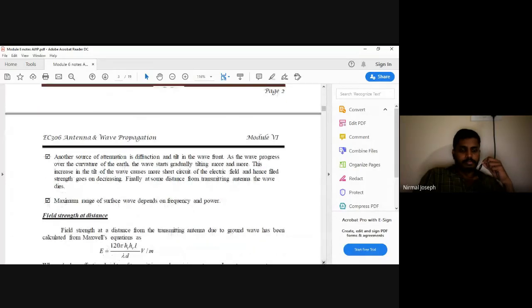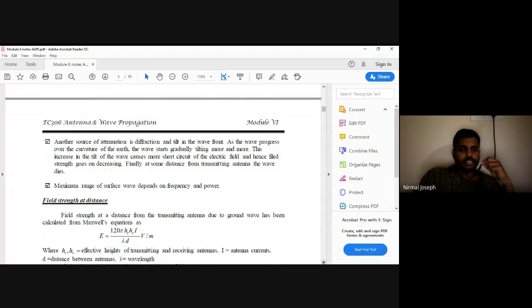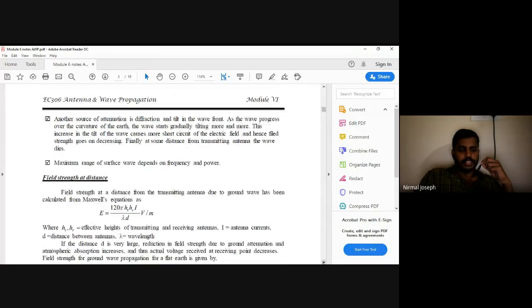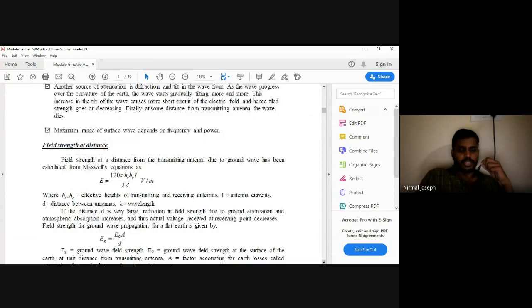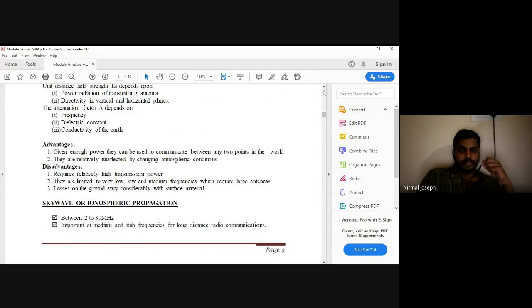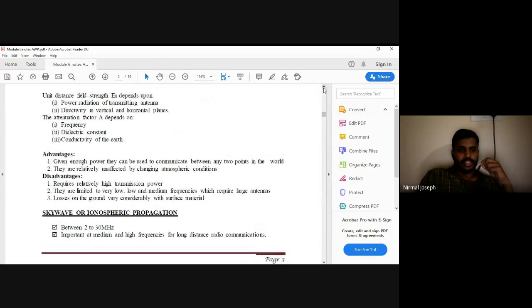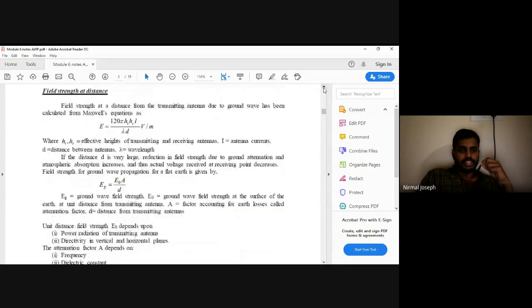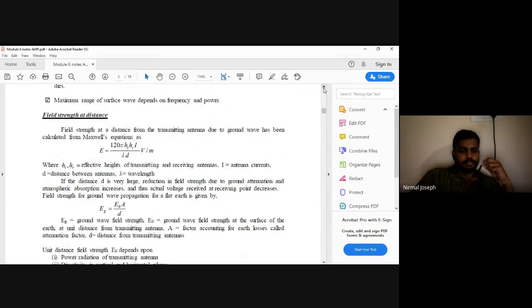So I think we have completed ground wave propagation, and we just want to study the expression for field strength at a distance. That is a direct result of Maxwell's equations, so there is nothing much to derive.